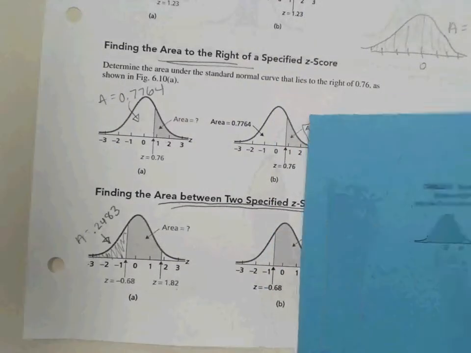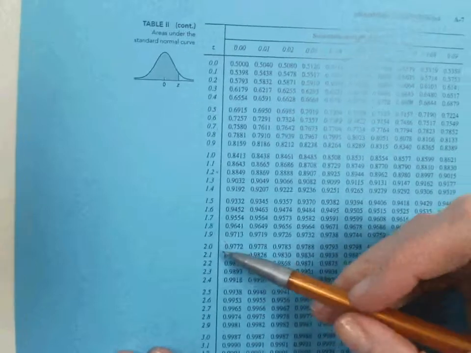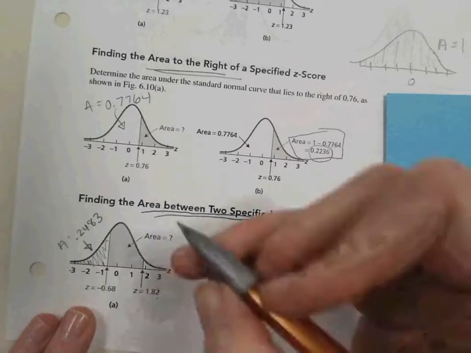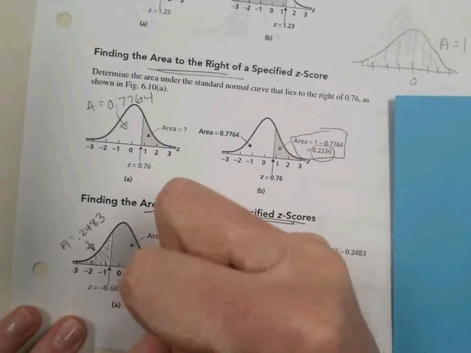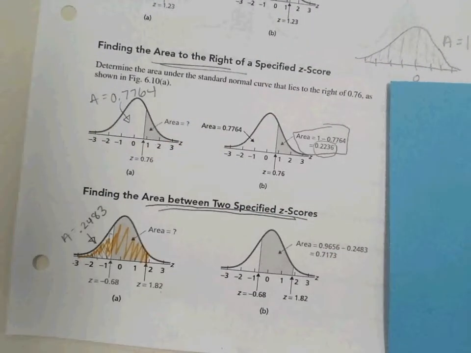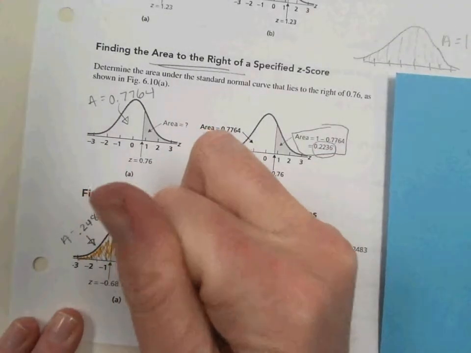And then we find 1.82, that's positive, so we flip it over, 1.82, 0.9656. So that means that this entire area, from this point, all of this to the left, is 0.9656.